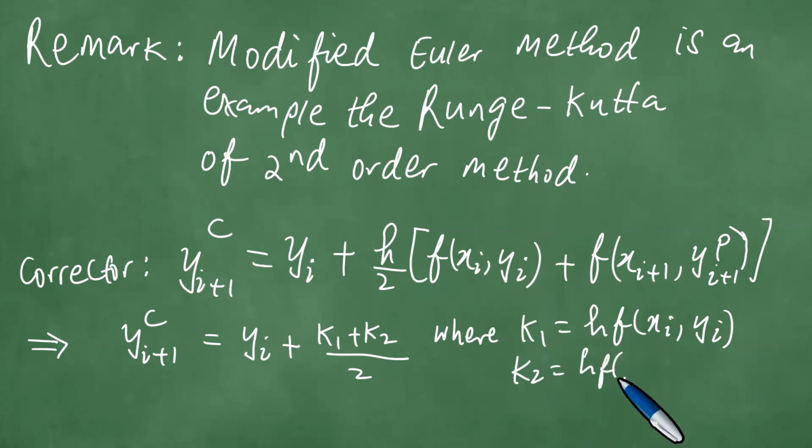Then you have f of x_{i+1}, y_{i+1} for the predictor. So this one we call the Runge-Kutta of order 2 when we have the two k's. So Runge-Kutta of order 2 is just the corrector that is available in the modified Euler version.